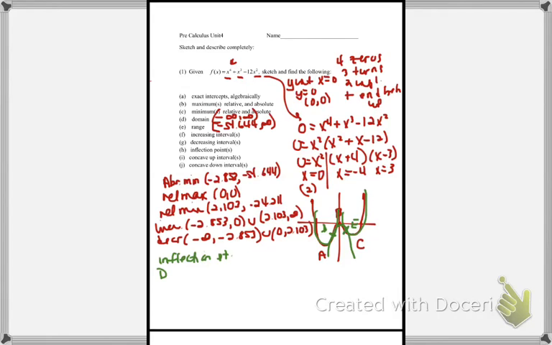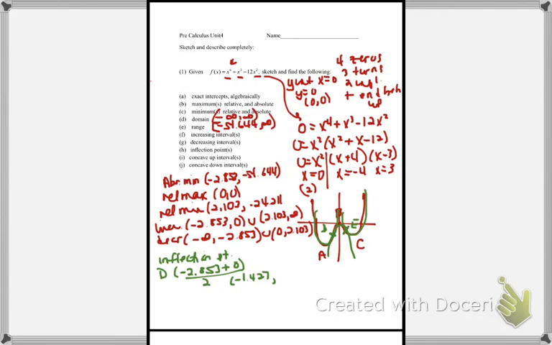So to find D, we're going to take the x value of A, your absolute minimum, which is negative 2.853, plus the x value of B, which was 0, and take half. So this becomes negative 1.427.